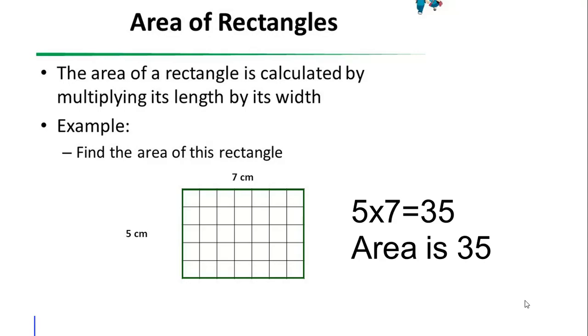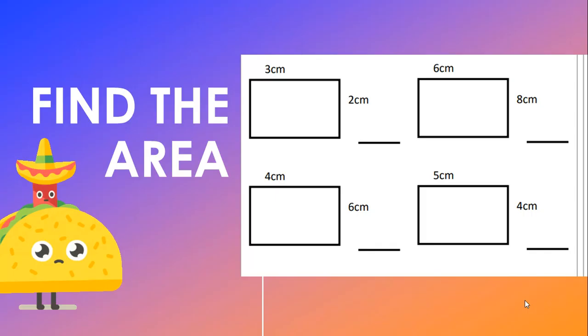Now you can pause this video so that you can find the area of these four rectangles right here. Now that you know that you can find the area by multiplying the length times the width, I know you can easily do that, but you have to keep in mind your multiplication facts.